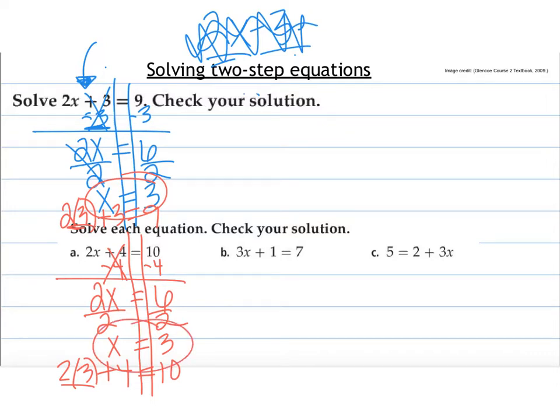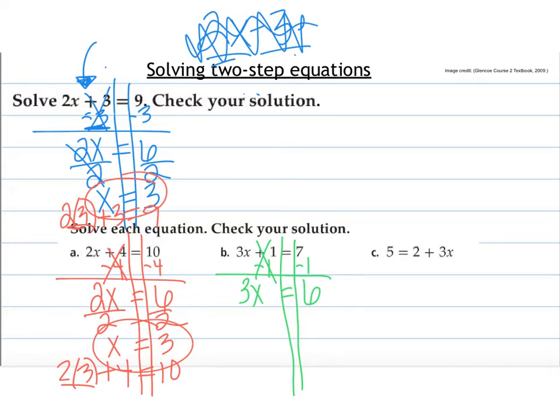All right, let's write this one down and do this one together. 3x plus 1 equals 7. So here's my slide. I can see that my 1 is least attached. It's being added, so I subtract 1 on both sides. My 3x comes down because nothing has been done to that yet. 3x equals 6.